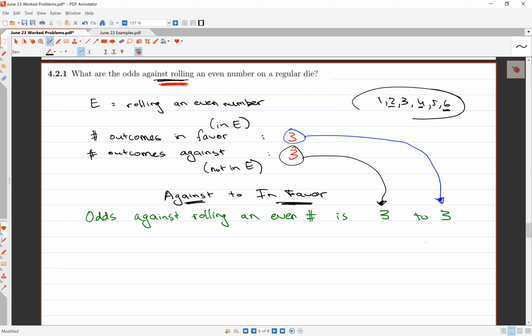So here simplification is important. What is a common factor? What is a number that both of these can be divided by? Well, they can both be divided by 3, which would give me odds of 1 to 1. So you want to simplify these by eliminating common factors, dividing by numbers that they have in common.